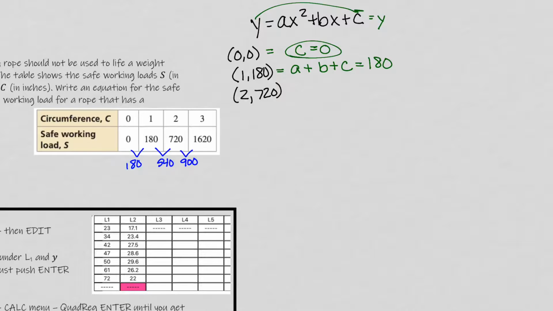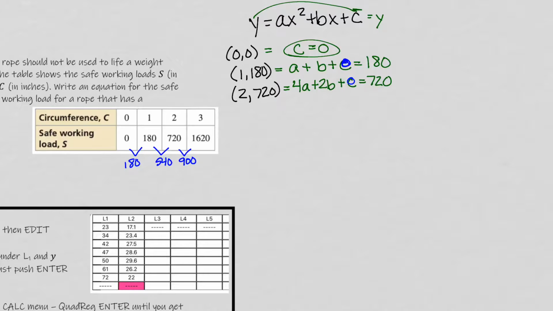Okay, let's do that again for this last equation here. I have a times x squared, and x is 2, so 2 squared is 4, plus b times x, so 2b, plus c is going to equal 720, which is the y value. Now, if c is 0, it's gone. So I can use equations 2 and 3 to solve for either a or b.